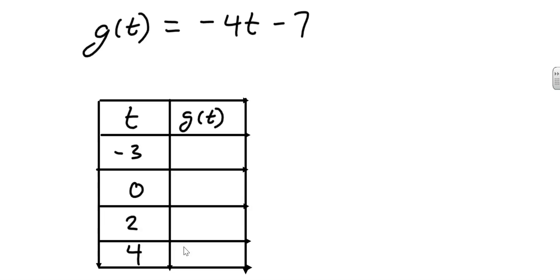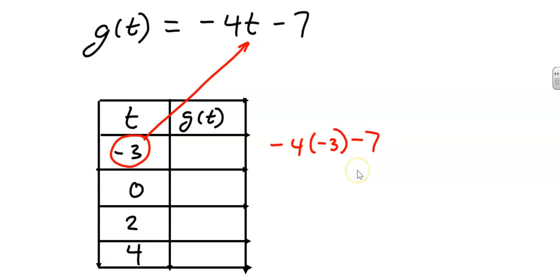And all you have to do is take the t value that you have here, and just plug that number back in for this value over here. So it's negative 4 times negative 3, which would be 12, minus 7, which would be 5.